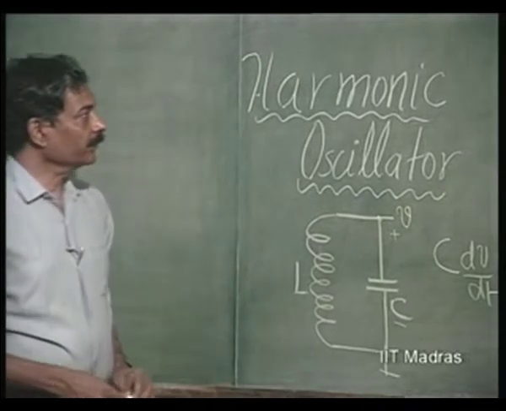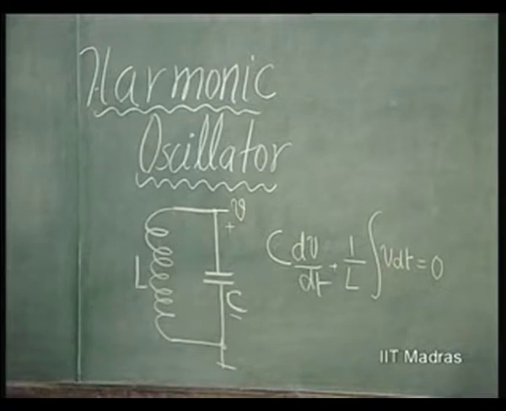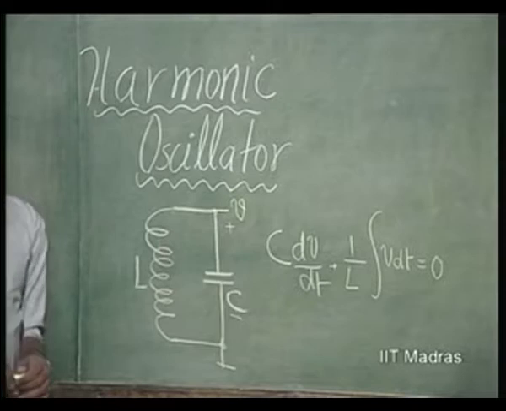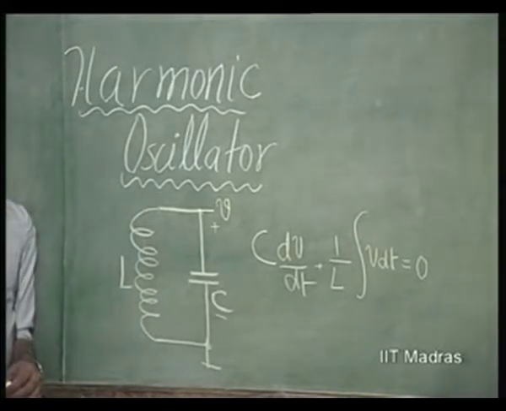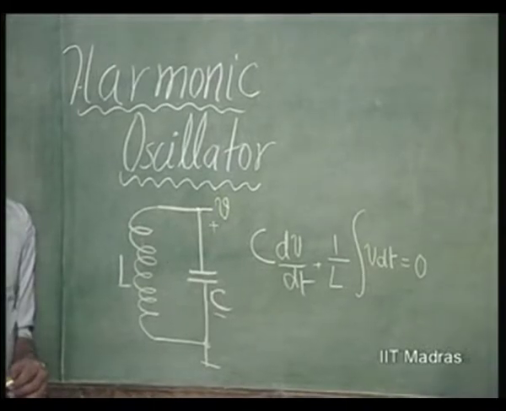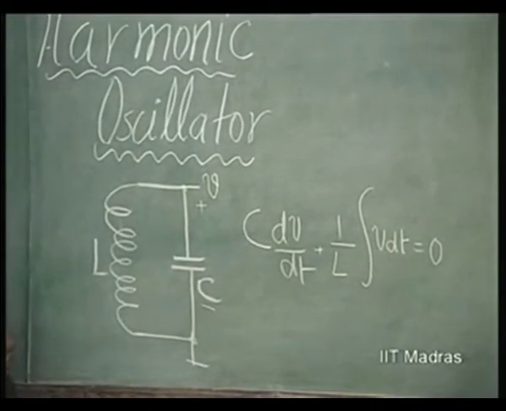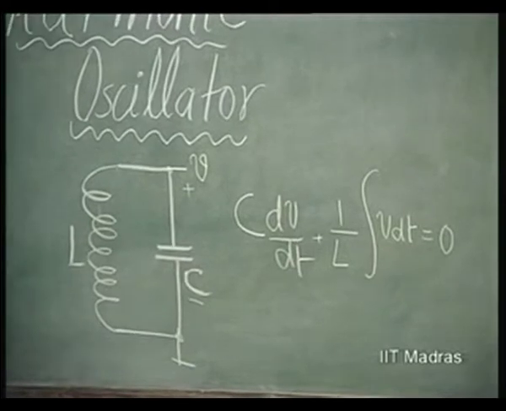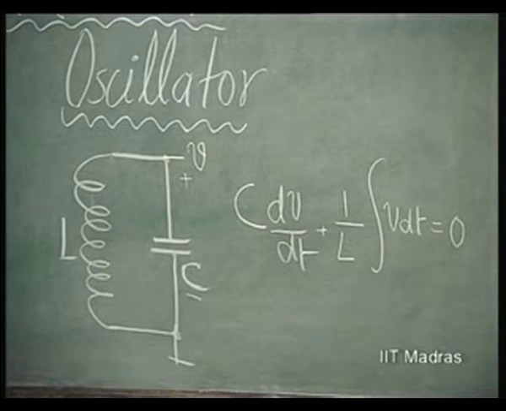Now, let us come to an important topic, harmonic oscillator, which we have already touched upon. When we discussed state variable filter, we said the solution of d squared V naught by dt squared plus gamma V naught equal to 0 is nothing but V naught equal to some a sin omega t plus phi. So, it is a harmonic oscillator. This is a very important thing. This might have been taught to you in mechanics already, the simple pendulum.